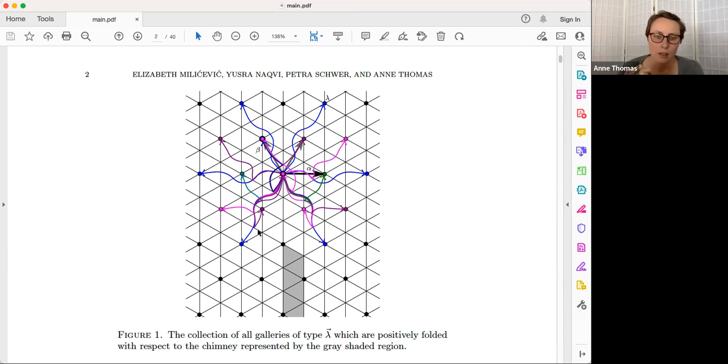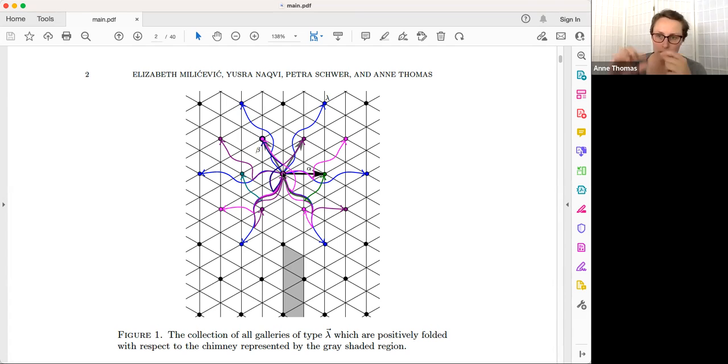Now, where are these folded galleries coming from? This shaded region here is what we call a sector representing a chimney. So off at the boundary, off at infinity, there's some chimney here. Then you can think of all the galleries in the building which start here and have what's called the same type as lambda.